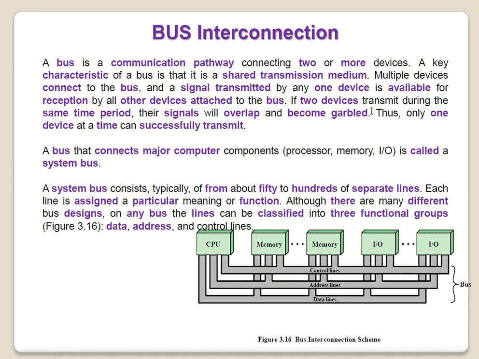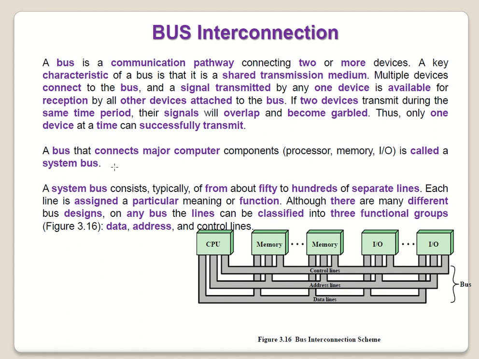So only one device at a time can transmit data. That's what the control signals are used for. Until the data sent by one device reaches the recipient, no other device is allowed to put data onto the bus. The bus that connects major components of the computer system is called the system bus.